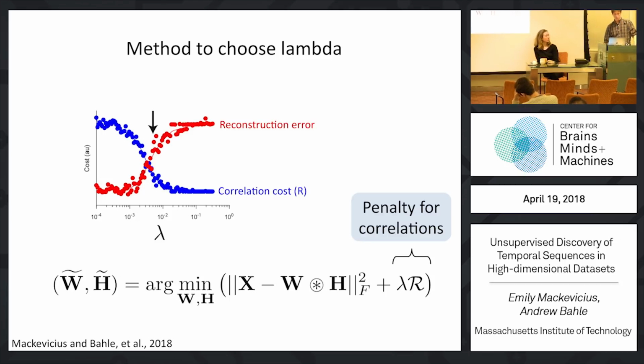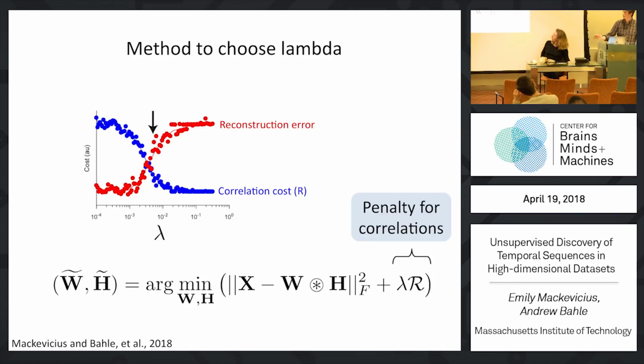When you fit the data, here we fit the data with lambda spanning a few different orders of magnitude, and in red is shown the reconstruction error on the data, normalized to go between 0 and 1. The blue is showing the correlation cost, also normalized to go between 0 and 1, where the correlation cost is the value of our penalty term at each of these lambdas at the end of the fitting.